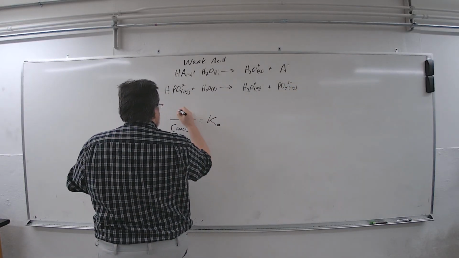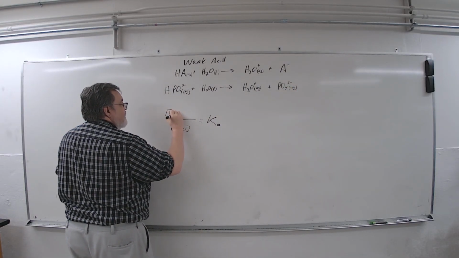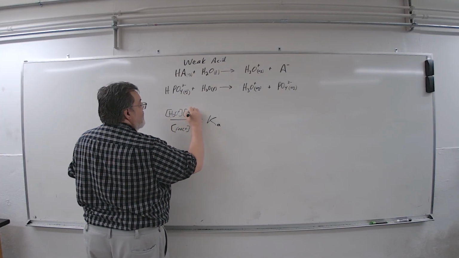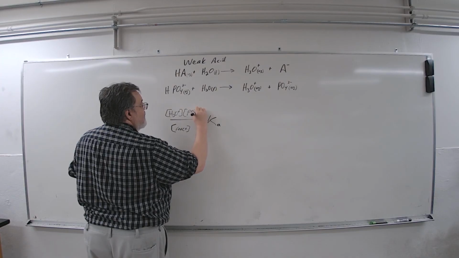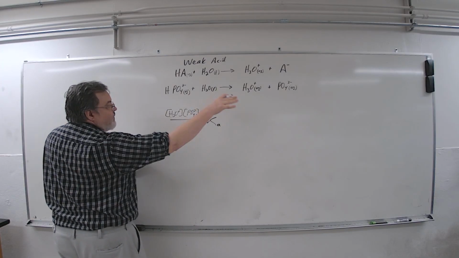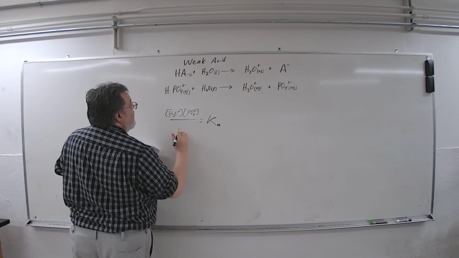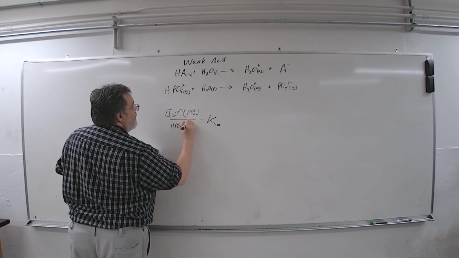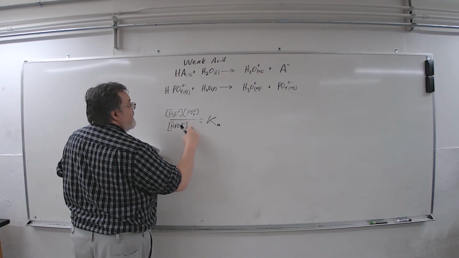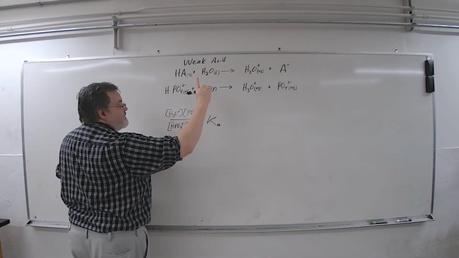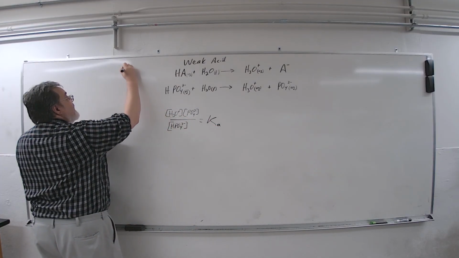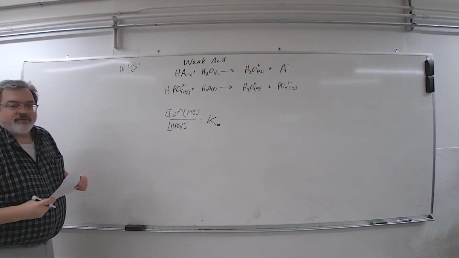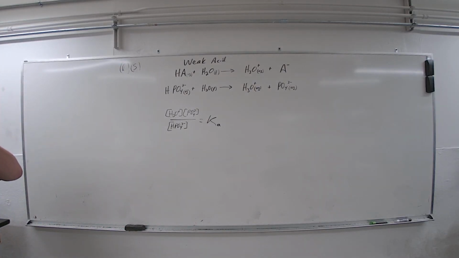So if I did this one, I would go concentration of H3O plus, concentration of PO4 minus for the product, and then the reactants down here. And I'm not including the water because I said in the equilibrium chapter, if it's L or S, you don't include it. It's just for aqueous and gases you include.